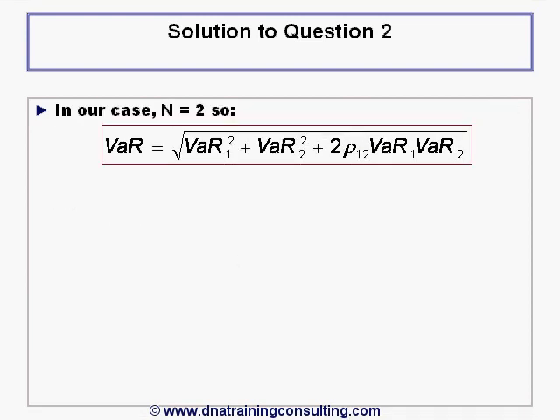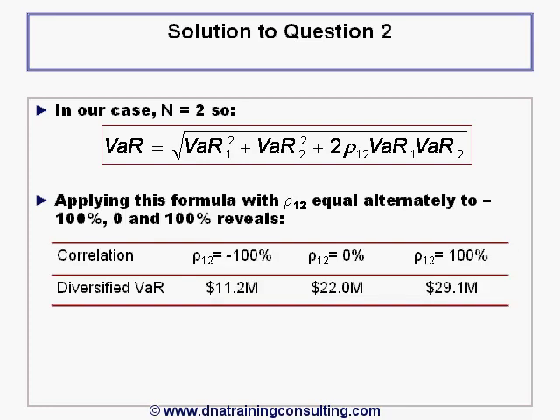In our present case, n equals 2, so our equation above becomes this. Applying now this formula with rho 1,2 equal alternately to minus 100%, 0, and plus 100% reveals the following results. Therefore, the correct answer is C.